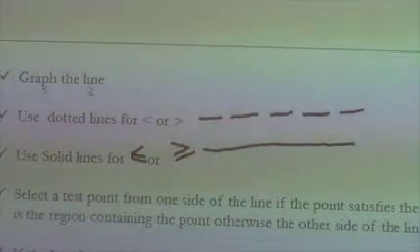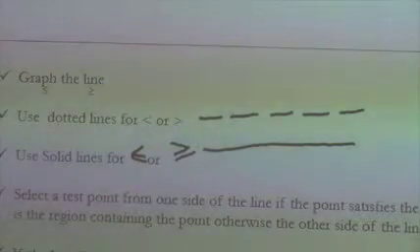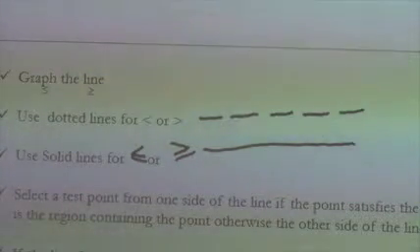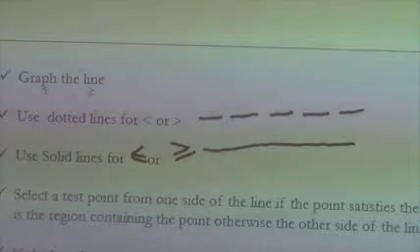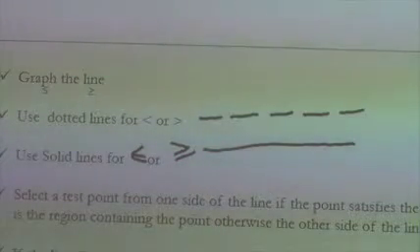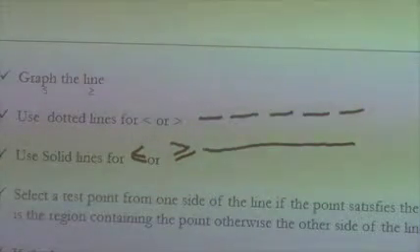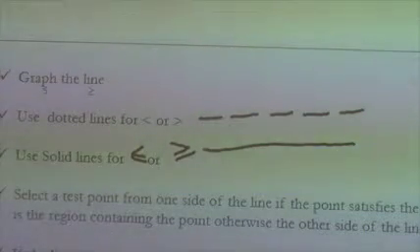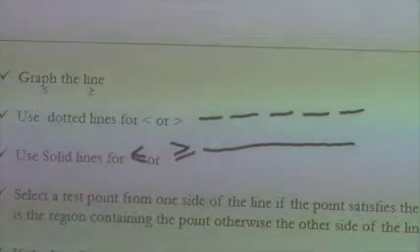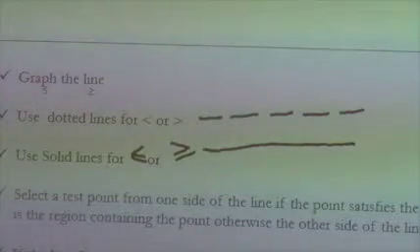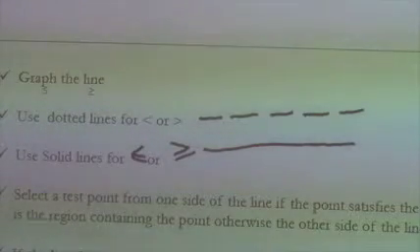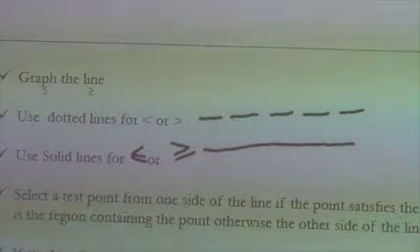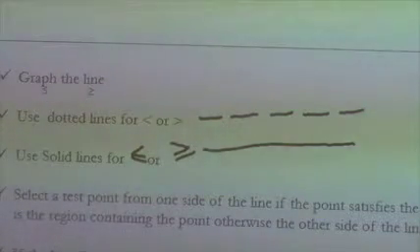If the test point does not satisfy the inequality, then all points on the side not containing that test point will be solutions for that inequality. It's a common and very good practice to use the origin (0, 0) as a test point. There's only one situation where you do not want to use (0, 0) as a test point, and that is when your graph runs through the origin.